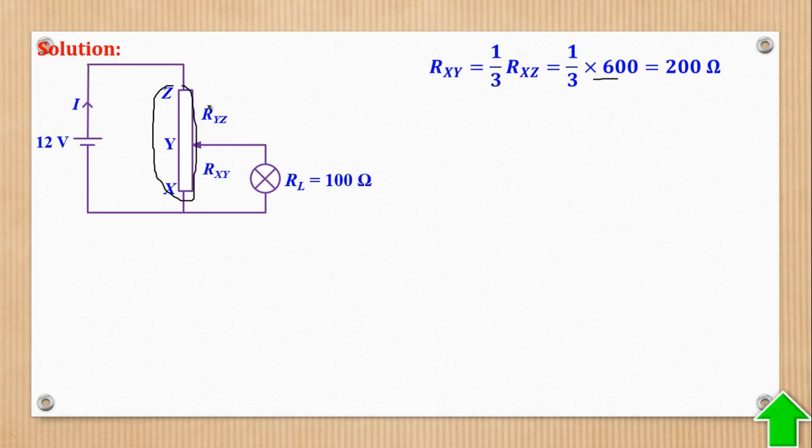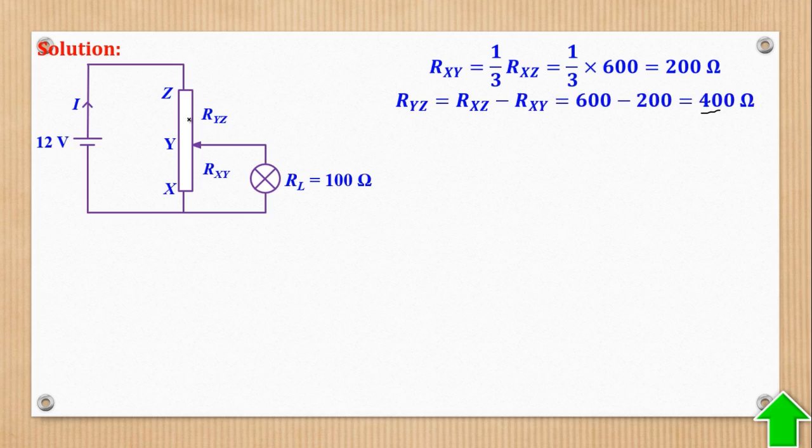Therefore, the resistance of Rxy will be 1/3 of the total, which is 600. So that is why you say 1/3 times 600 to give you 200 as the resistance of this part where the filament is, which is connected in parallel with the filament. Now the other one will be got by subtraction. So in a subtract, I'll come up with 400. So this is 400, this is 200.